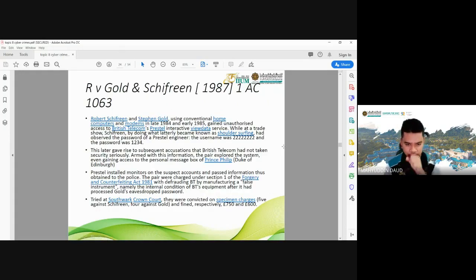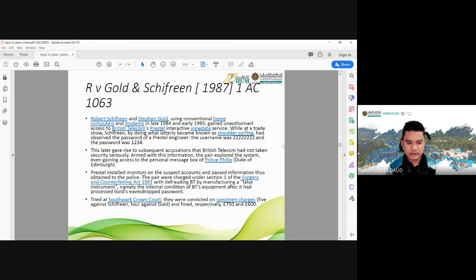If you read the facts of the case, the hacking was done by a tactic known as shoulder surfing. The person was just observing the engineer entering the code on a keyboard, and then by remembering the pattern, he entered this particular username and password, and later he managed to have unauthorized access to the British Telecom data lah.